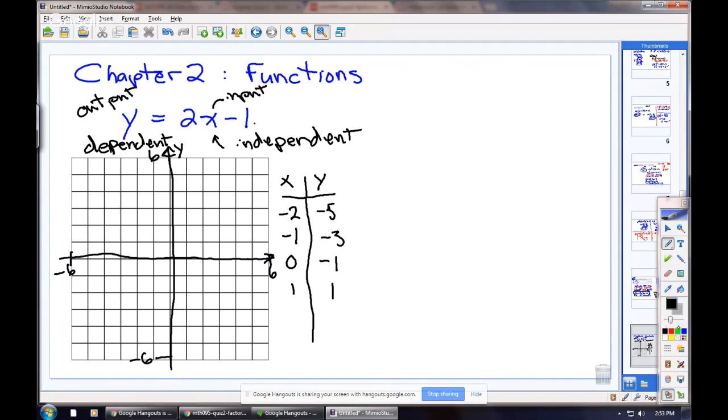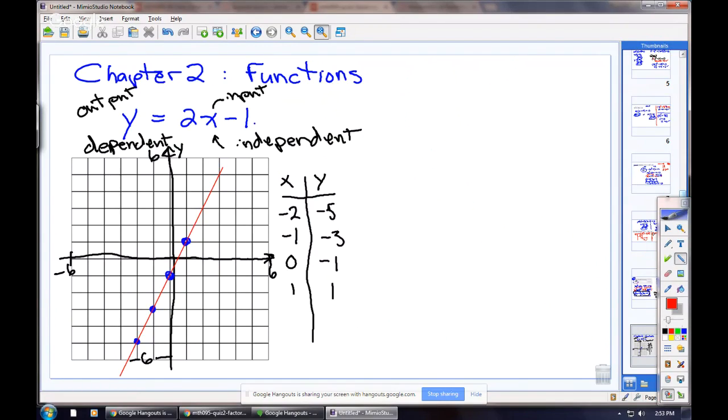To plot these points, we got -2, -5, then -1, -3, 0, -1, and 1 goes with 1. Ooh, they're lining up. Yeah, they line up. Look at that. I think I did all right. Something like that right there. Oh yeah, that kind of sort of works. All right, so there's my line.